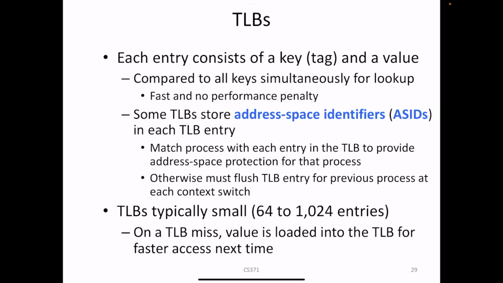Due to the limited number of entries, it cannot hold all the entries for all the processes. Therefore, a TLB miss could happen. On a TLB miss, the system needs to get the entry from the original page table and then cache the entry on the TLB for faster access next time.